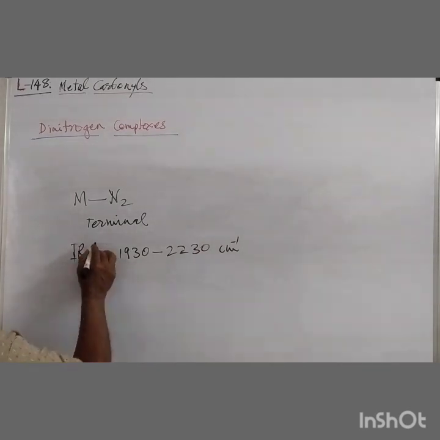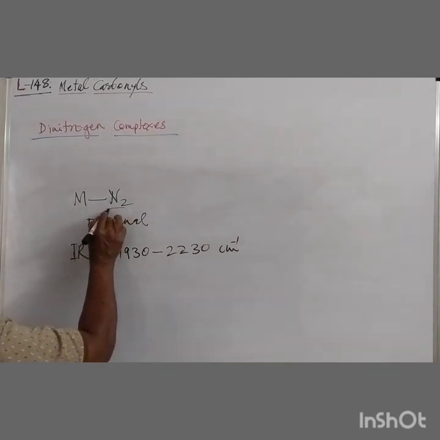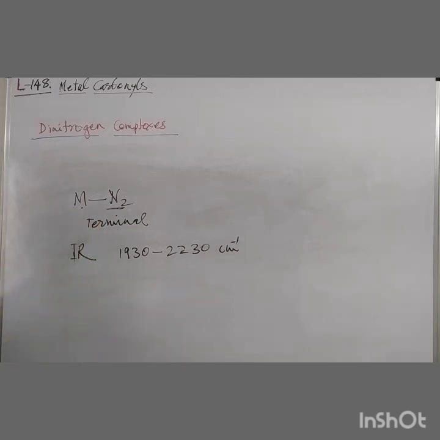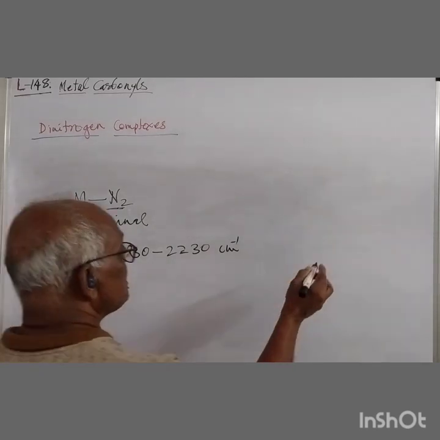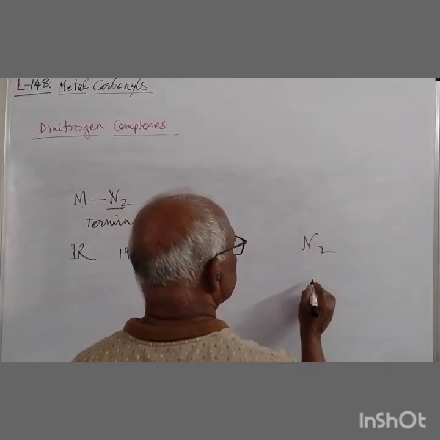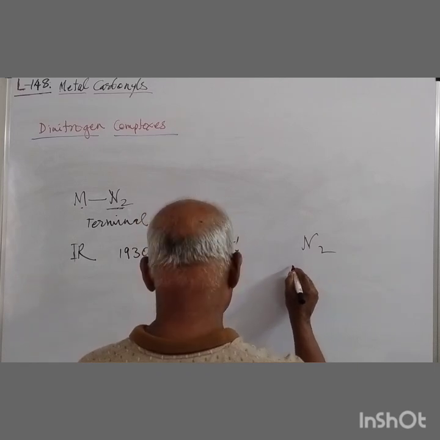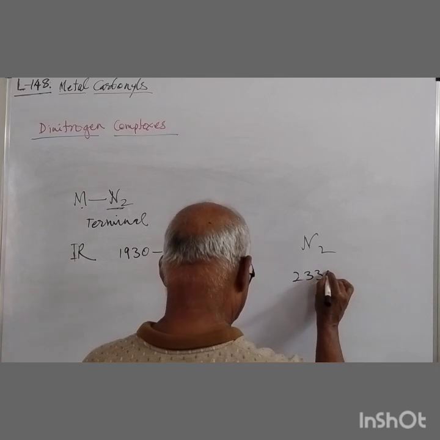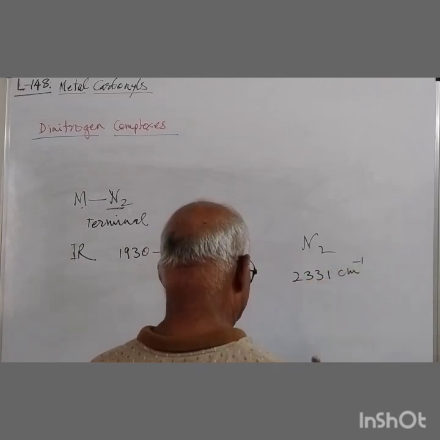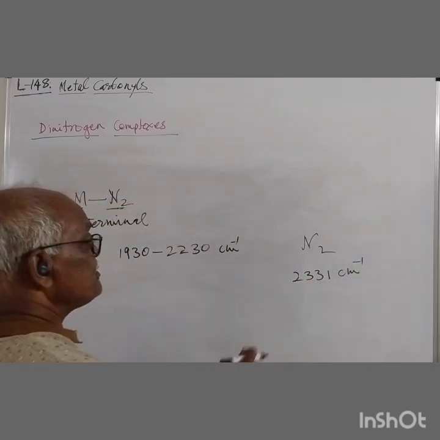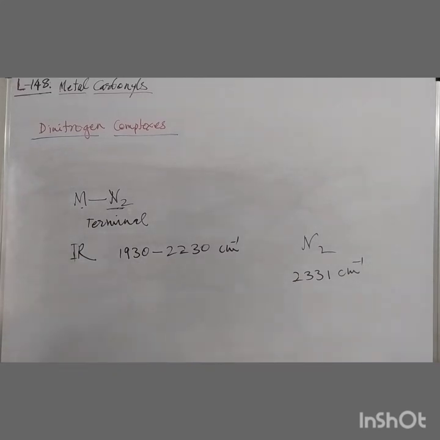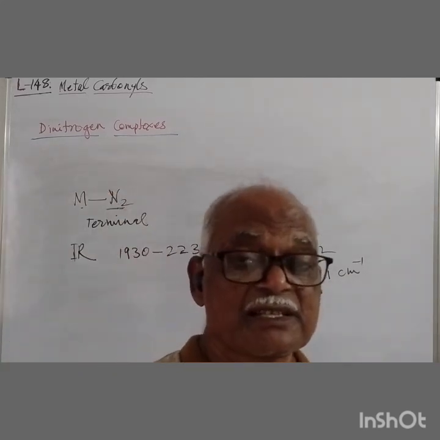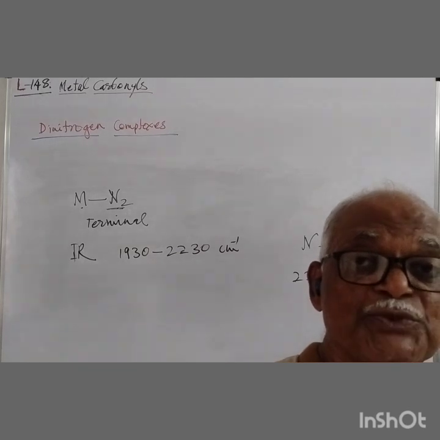So this range is for this nitrogen which is bonded to metal. But if you see the range for only nitrogen, the IR range is 2331 per centimeter.